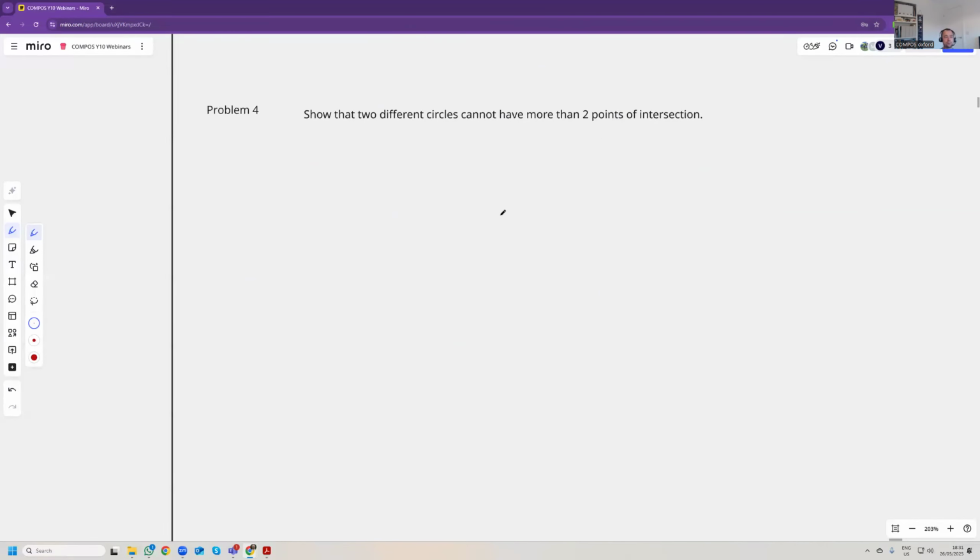Okay, problem 4. Show that two different circles cannot have more than 2 points of intersection. Two different circles cannot have more than 2 points of intersection. Okay, I will prove by contradiction.